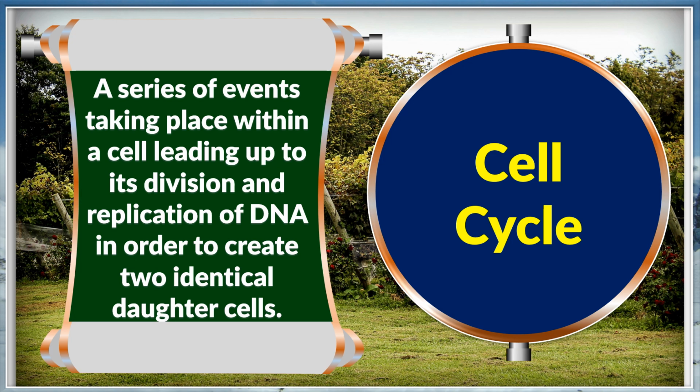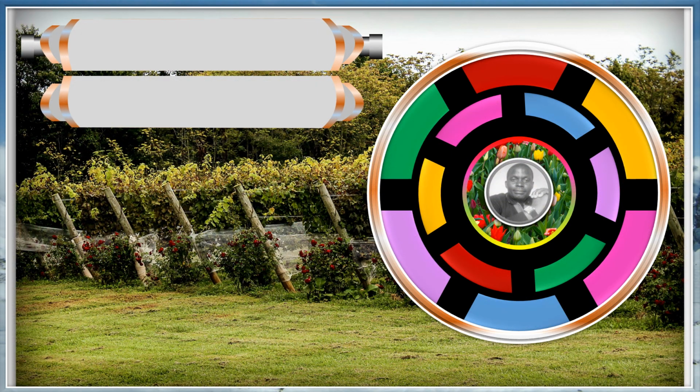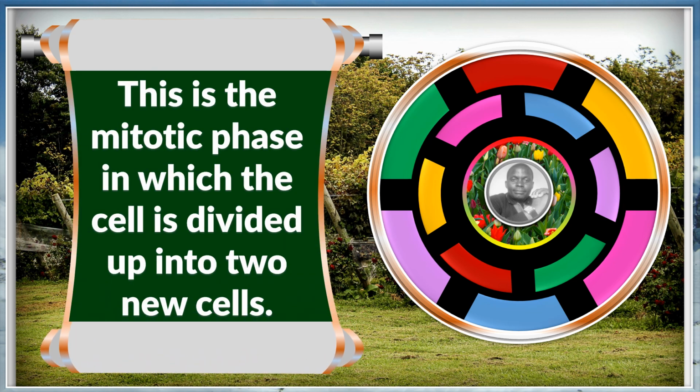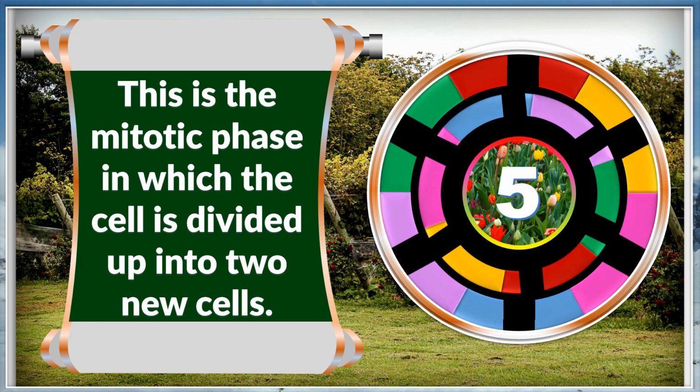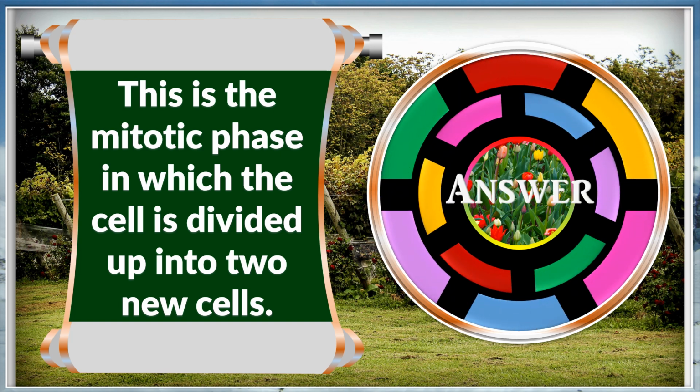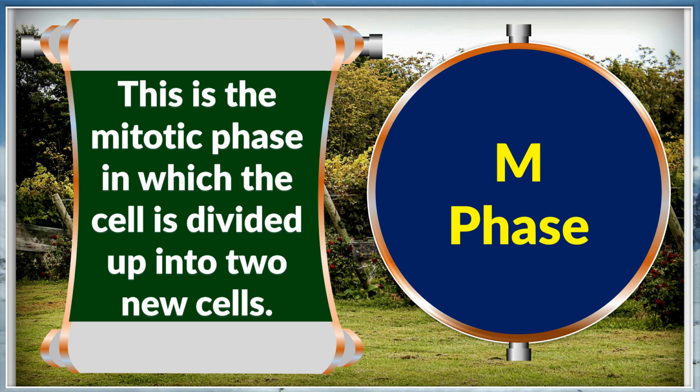Cell cycle. This is the mitotic phase in which the cell is divided up into two new cells. M phase.